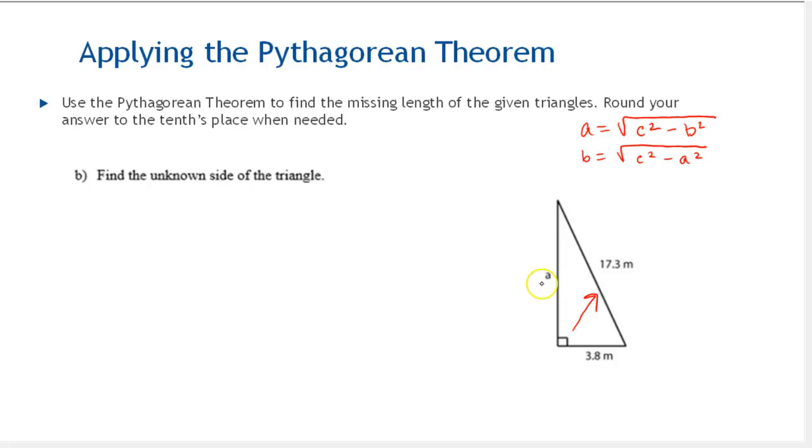So, since they called it a is equal to the square root, we must start with the hypotenuse. The order matters in subtraction. So 17.3 squared minus 3.8 squared. Now I'm going to compute the value underneath the square root sign, which we sometimes call a radical sign.